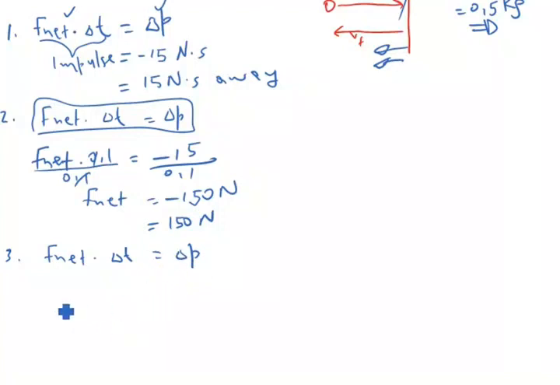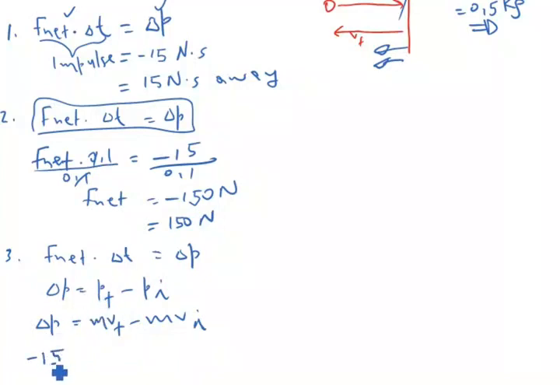We can also use this one because we do have the change in momentum. Change in momentum is equal to momentum final minus momentum initial. So the change in momentum is also equal to mvf minus mvi.